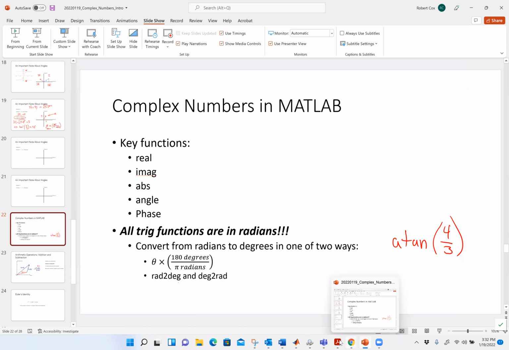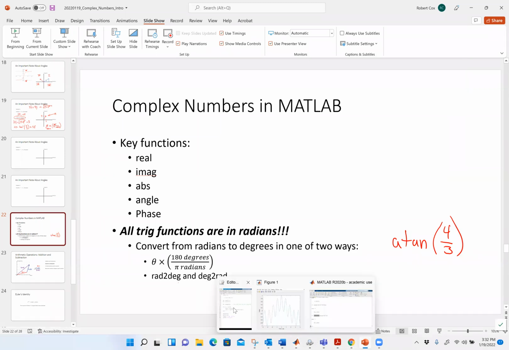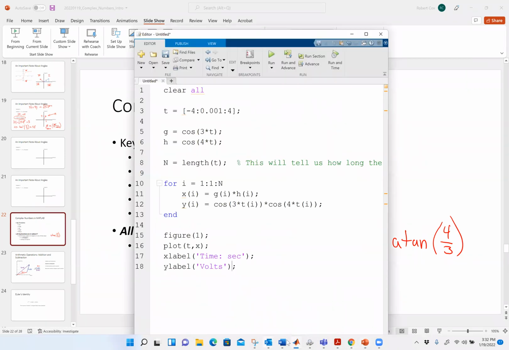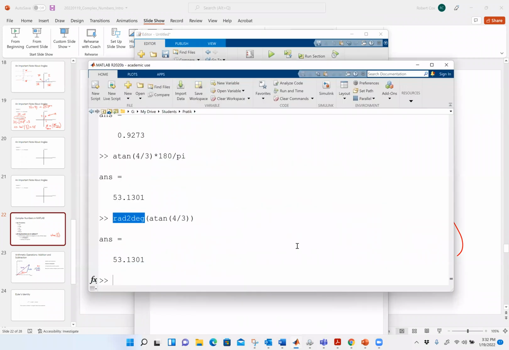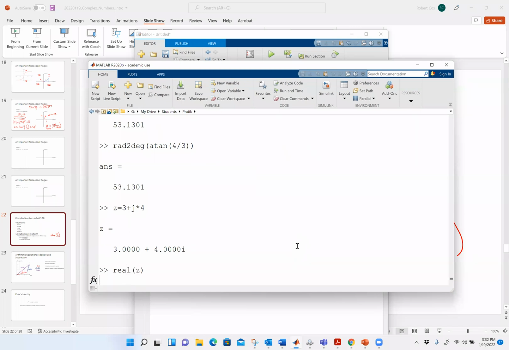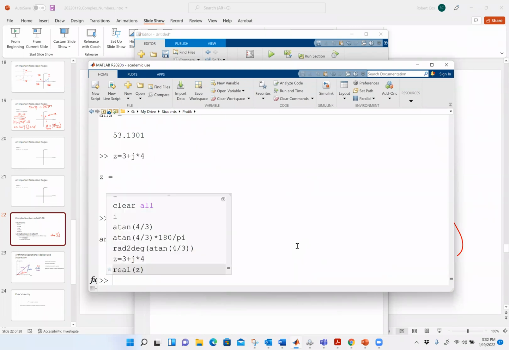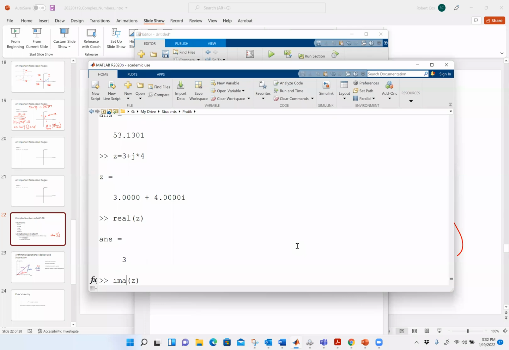So let's say I defined for myself here, in my command window, z equals 3 plus j times 4. If I said real of z, it's going to tell me that it's 3. If I said imag of z, what's it going to tell me, if I say what's the imaginary part of z? 4.